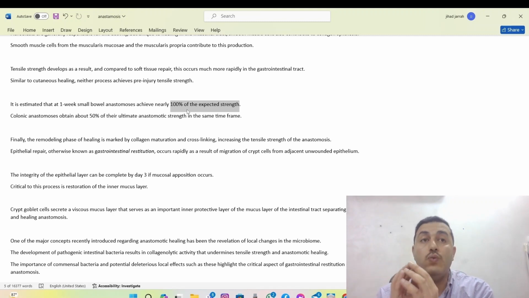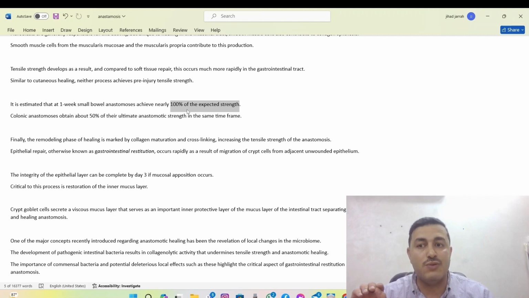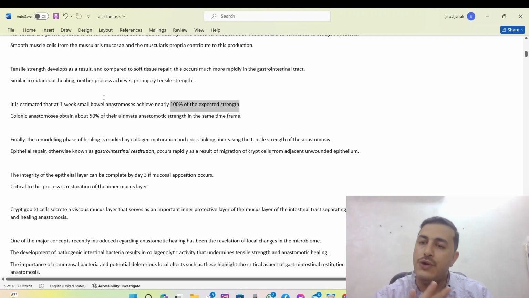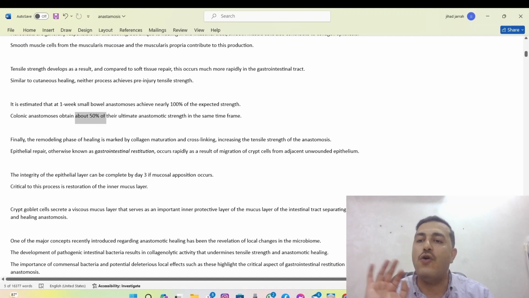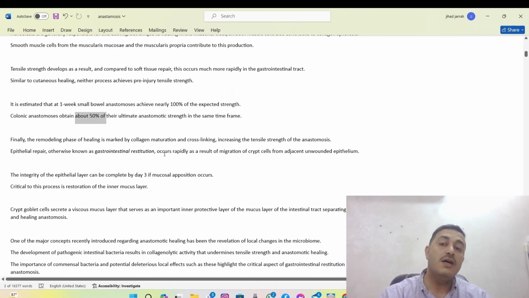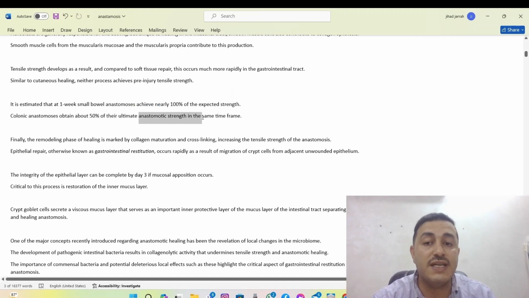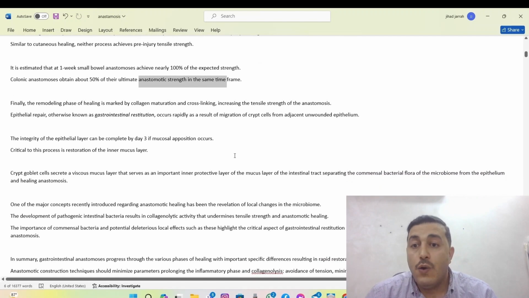At about 1 week, we have the maximum expected strength in the small bowel. But in the colon, no. At 1 week, we have only 50% of the anastomotic strength we reach.